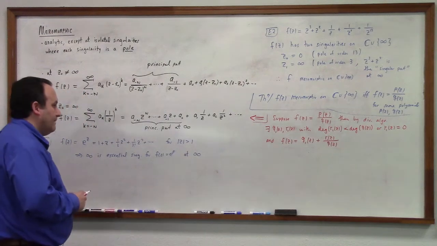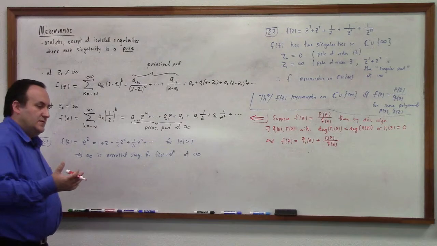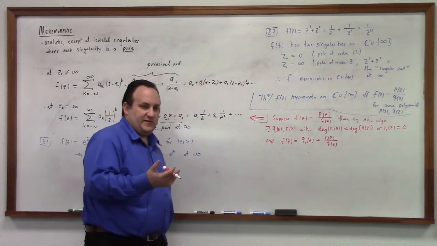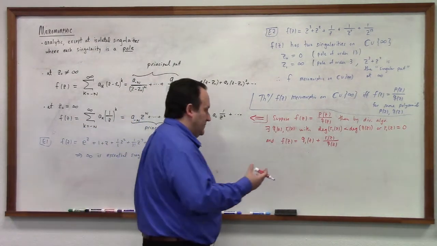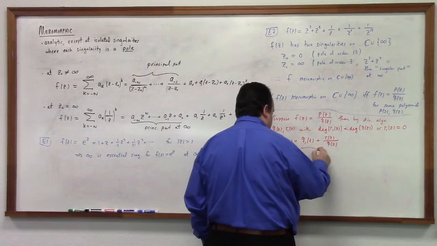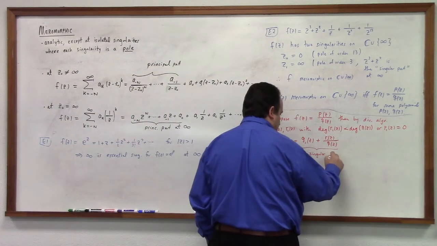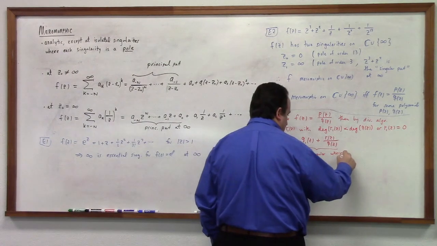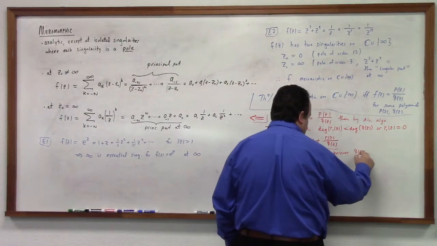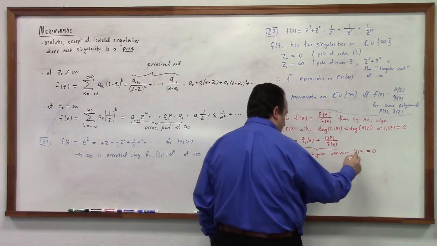Now, so what are the poles? What are the singularities of this rational function? Where is it singular? It's singular wherever q of z is equal to 0, right? And also where else?